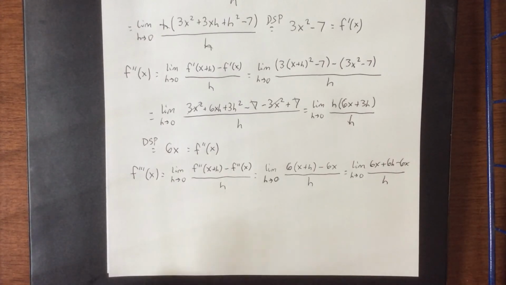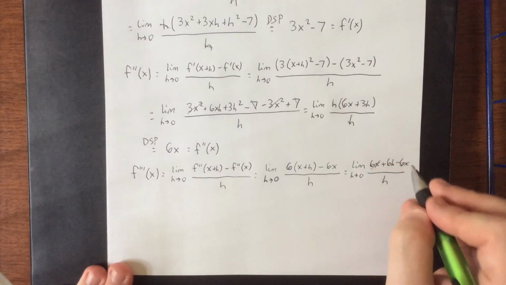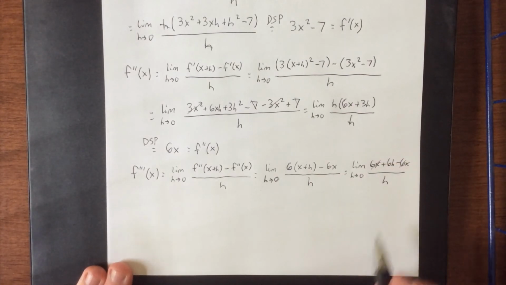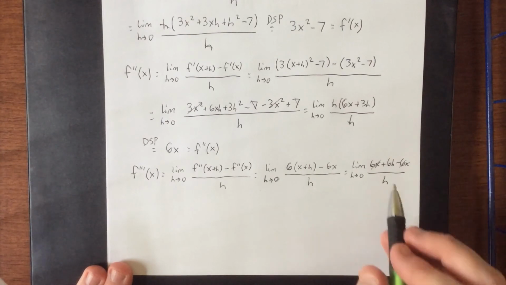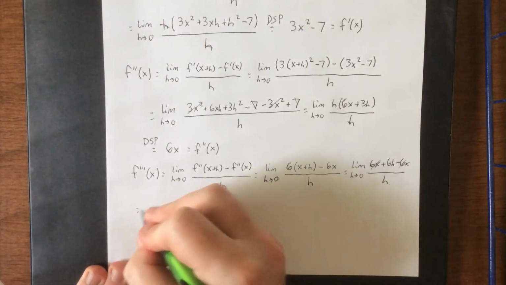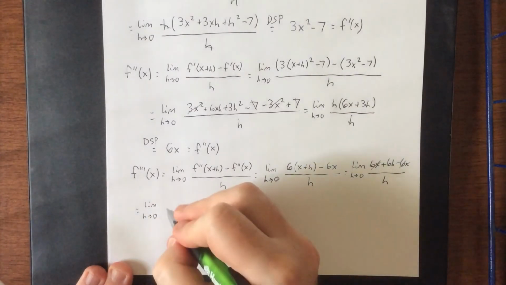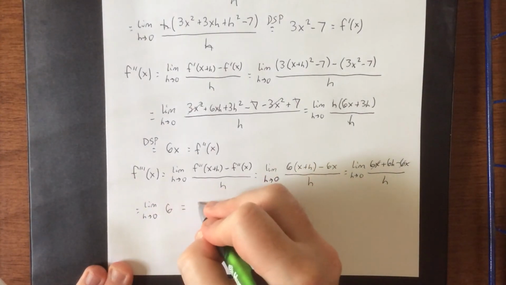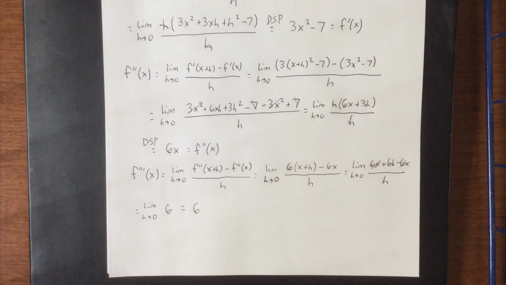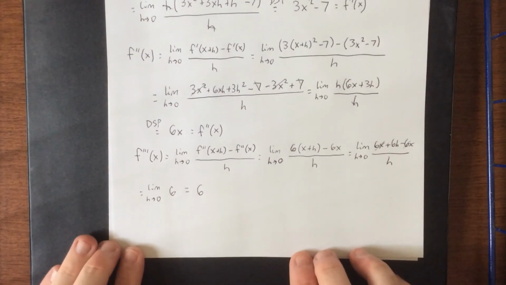In order, I am going to combine the like terms of 6x and minus 6x. Then I'm going to cancel 6h divided by h. That is going to give us the limit as h approaches 0 of 6. That, of course, is simply going to be equal to 6. And this is what our third derivative is equal to.